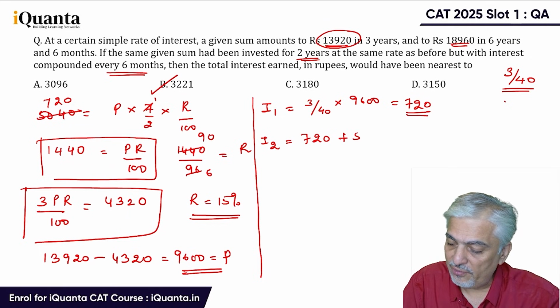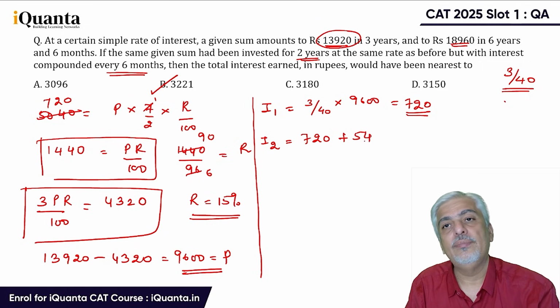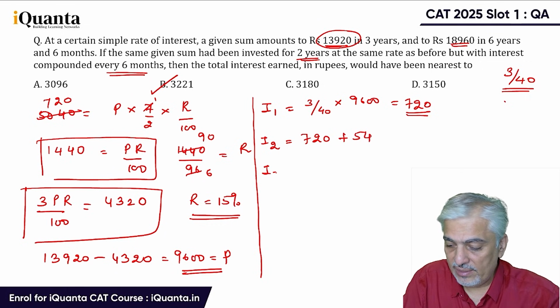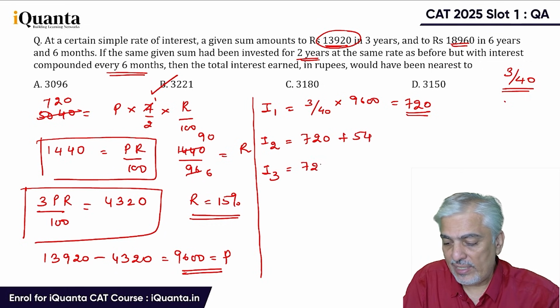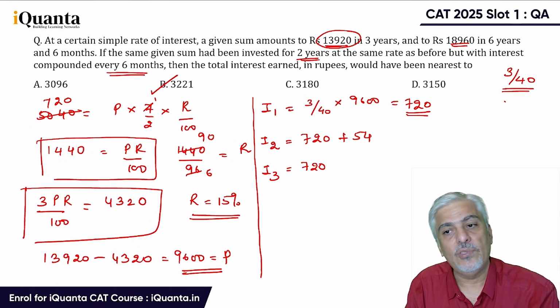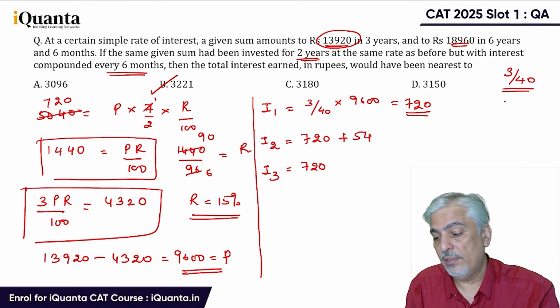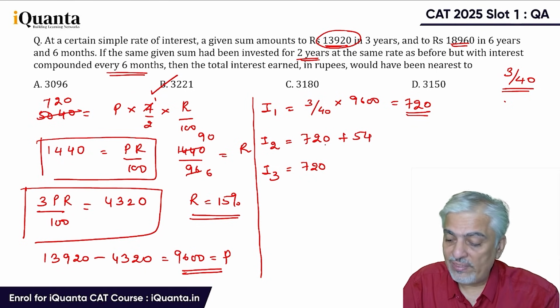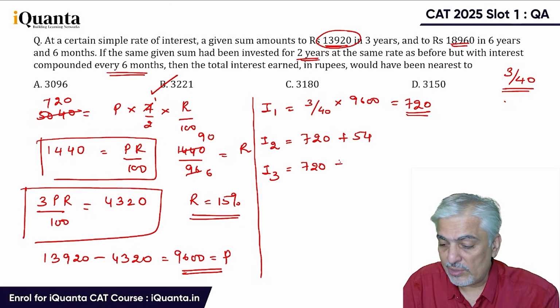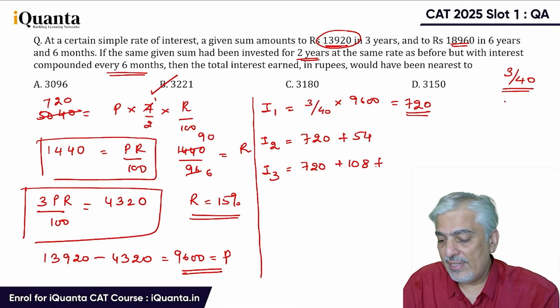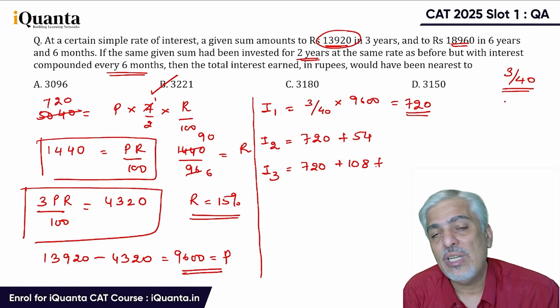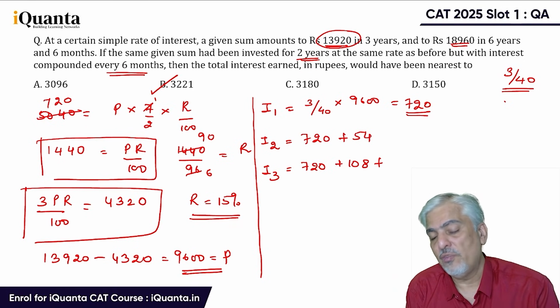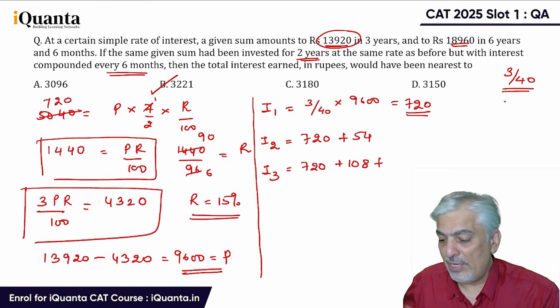So I'll get 54 rupees extra. In the third period, I'll get 720 on 9,600. There are now two 720s on which I'll get 54 plus 54, so I'll get 108. And roughly, if I do 3 by 40 of 54, it's approximately 4 rupees extra.